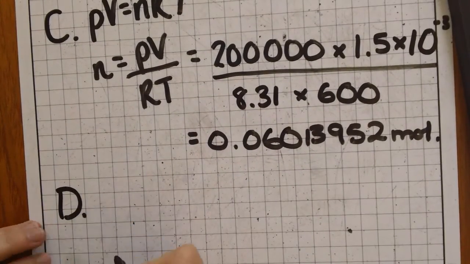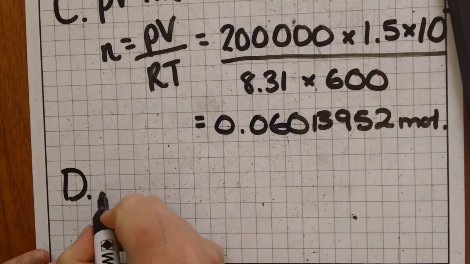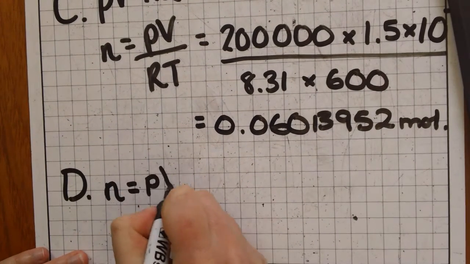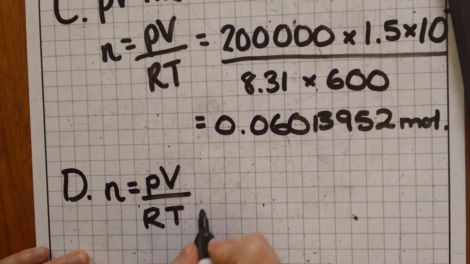And D is another PV equals nRT, so we know that n is PV divided by RT.